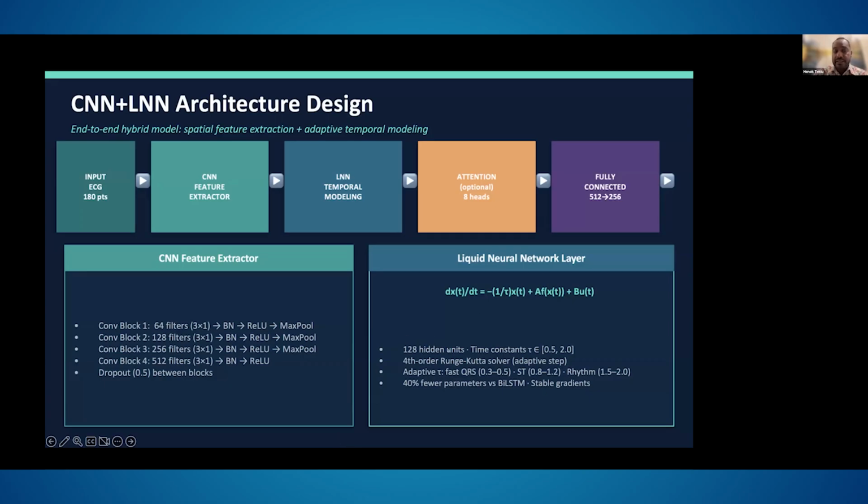The LNN uses hidden units instead of just layers. So we have time constants. This time constant is based on the data itself, instead of using the same time constant that we use in LSTM and other recurrent neural network algorithms. We have tried to use an adaptive one based on the data itself, because it's adaptive when we have higher rates.